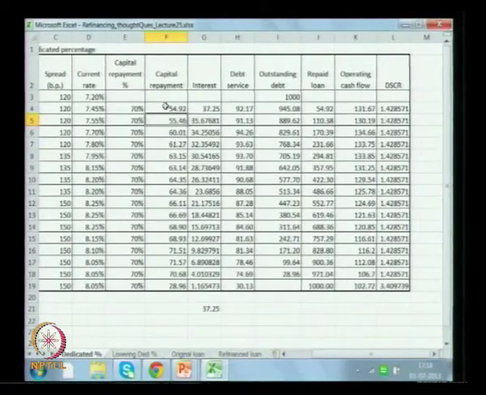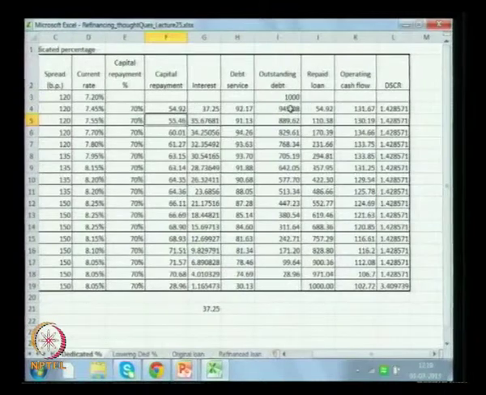Now, during this particular installment we have repaid principal of 54.92, and therefore the outstanding debt at the end of 6 months is 945.08. So how do we get that? We have the outstanding debt of 1000, and from that we subtract the capital repayment for this particular installment.